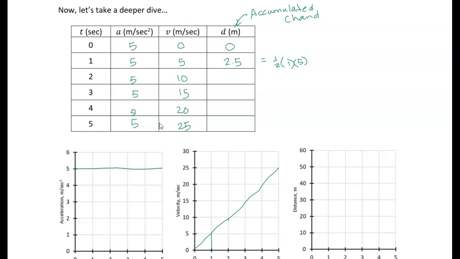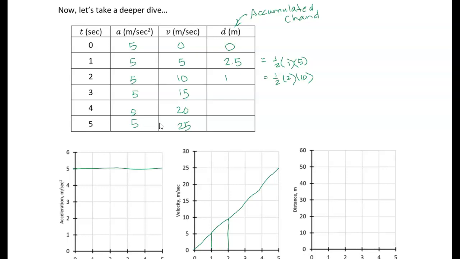Now, if we want to look at the second, now we have a little bigger triangle. In this case, our base is 2 seconds, and now we're at 10 meters per second. We're estimating the distance as the area under the velocity curve, which we can find exactly because it's a nice triangle.